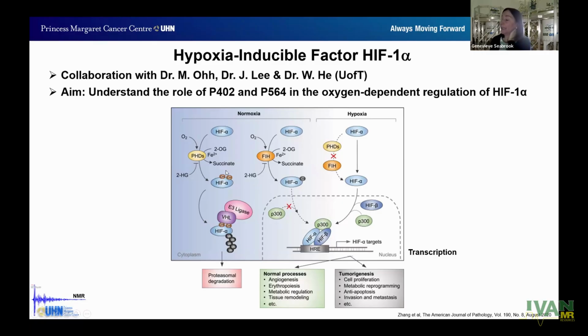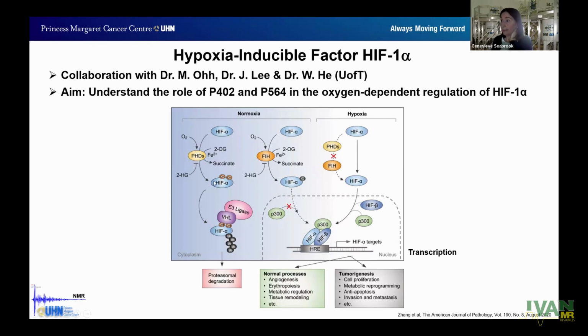Now, in order for those two enzymes to work, they need some cofactors: iron, 2-oxoglutarate, and of course they need oxygen also. However, their enzymatic activity can be repressed by some oncogenic metabolic intermediates, such as 2-hydroxyglutarate.